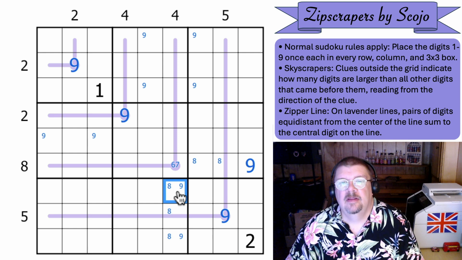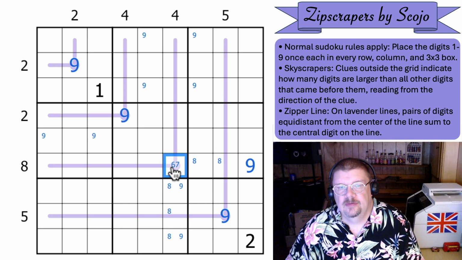Yeah, if this was 6 and we had the 9 here, we'd see 5, 6, 9, and we wouldn't see enough. So if this was 6, we'd have to have 5, 6, 8 in one of those 2, and 9 there.